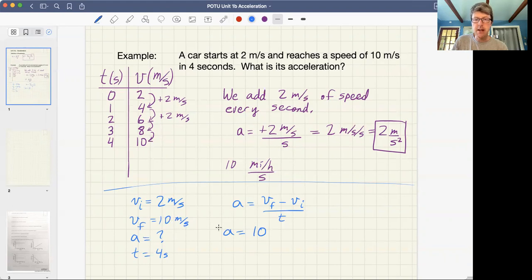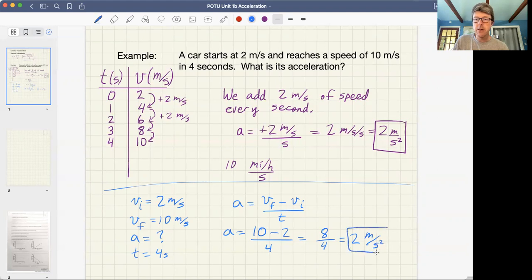So it's 10 minus the initial speed is 2. And then I have to divide by the time, which is 4. And so I'm going to simplify all that. So I have 10 minus 2 is 8. 4 on the bottom is still 4. So 8 over 4 is 2. So I get my 2 meters per second squared.